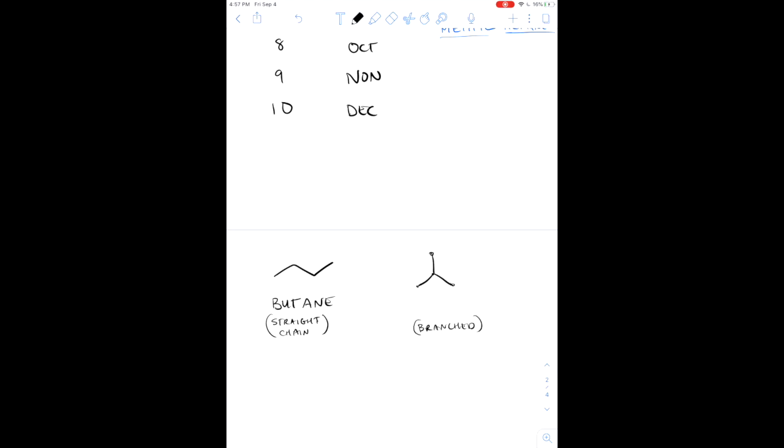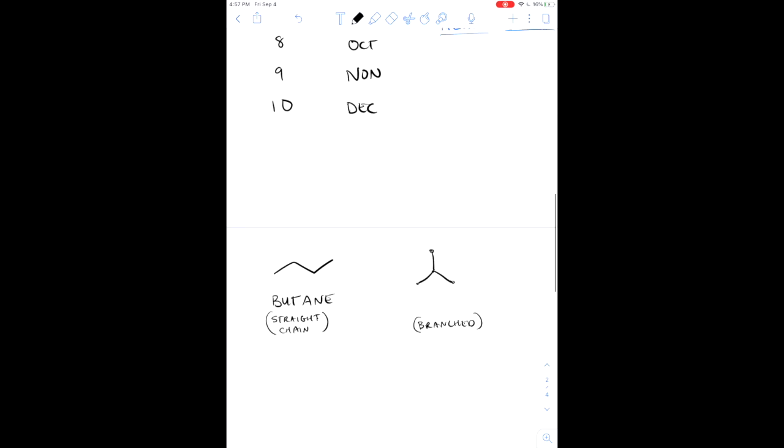This being branched, it has 4 carbons in there, and one of the names for this is isobutane, and it has the same chemical formula as butane, which is 4 carbons, and 4 times 2 is 8, plus 2 is 10 hydrogens. And so you don't even need to count the hydrogens anymore.